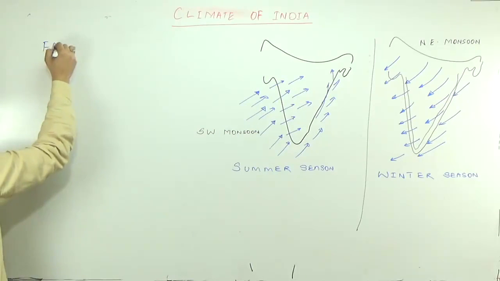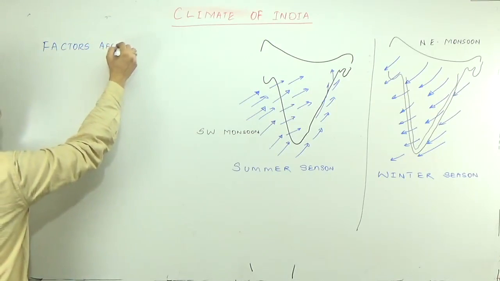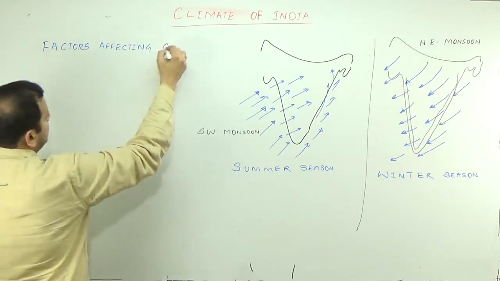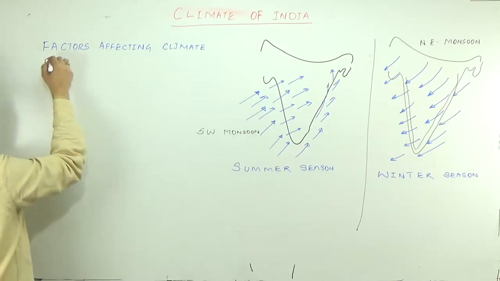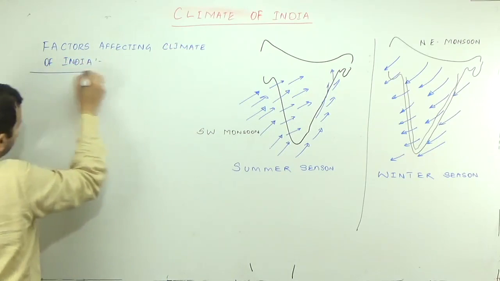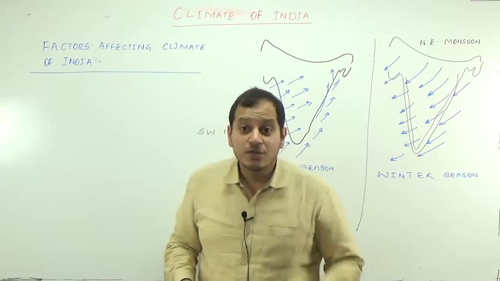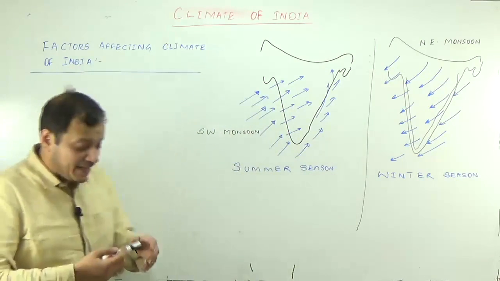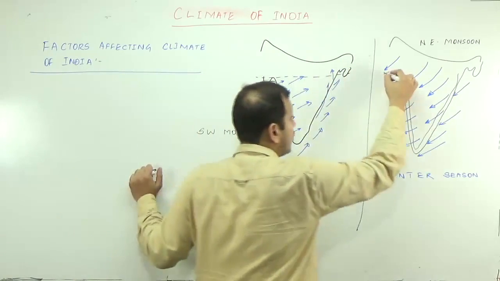The first important factor which affects the climate of India is the location of India.